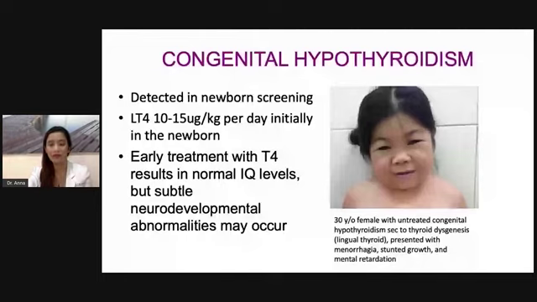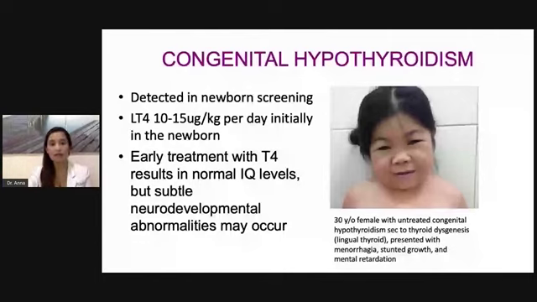This is already a 30-year-old female with a height of about 3 feet. This is a patient with untreated congenital hypothyroidism, and when we did a thyroid scan, we found that the thyroid gland is located underneath the tongue, so that's a lingual thyroid. She presented with macroglossia, stunted growth, and mental retardation.